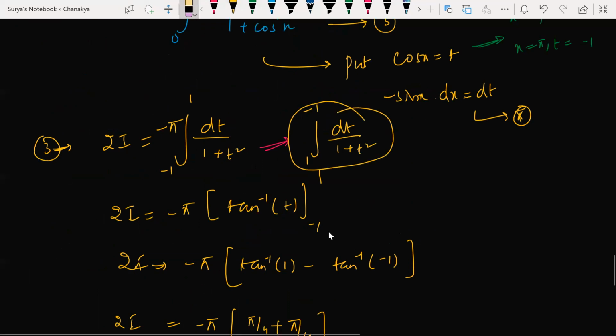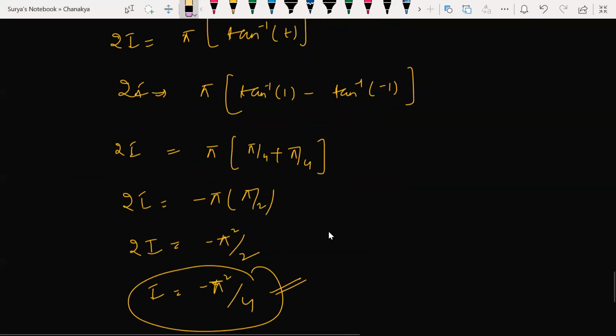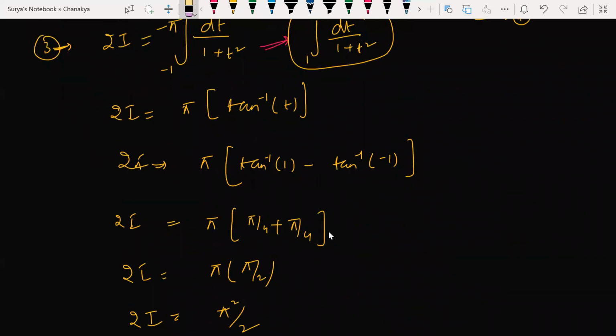Now everything will change here. Minus. That's it. So you get what here? 1 to minus 1, right? After 1 to minus 1 is nothing but upper limit minus lower limit.